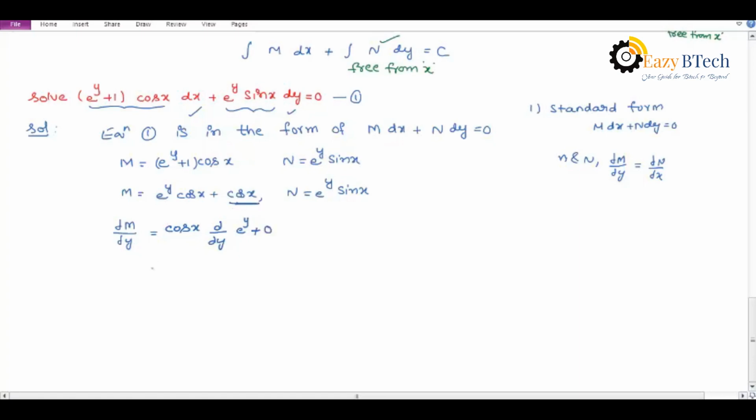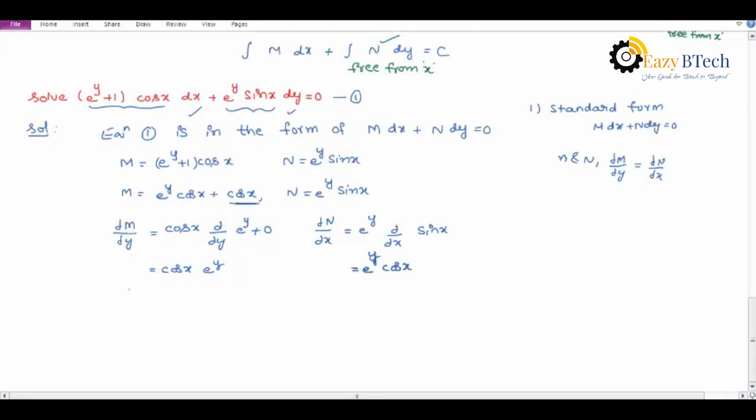Then cos x into e^y differentiation is e^y only. Then coming to the ∂N/∂x value, here e^y is common and ∂/∂x of sin x, because we are partially differentiating with respect to x. Then e^y and the differentiation of sin x is cos x.